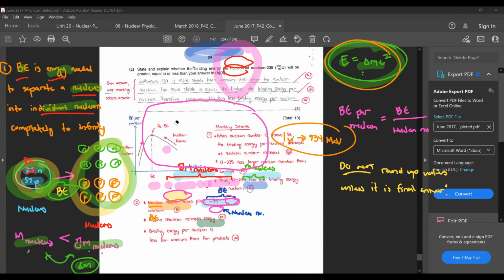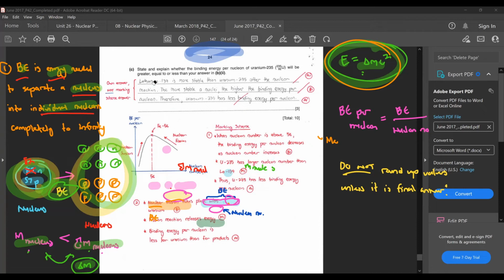Now, the last part is asking you to state and explain whether the binding energy per nucleon of uranium-235 will be greater, equal, or less than your answer in B2.